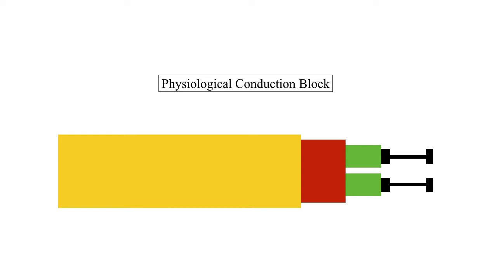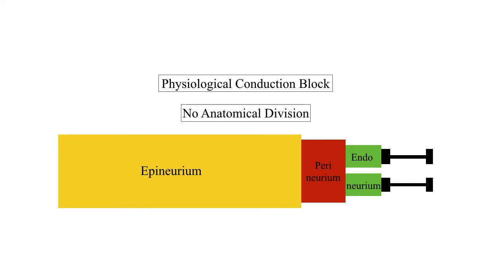So there is only a physiological conduction block, but the other covering layers, that is epineurium, perineurium and endoneurium, are intact, and there is no anatomical division of these layers. So this condition of nerve injury, where there is only a physiological conduction block without anatomical division, is called neuropraxia.